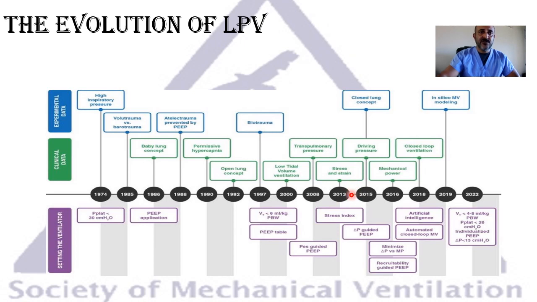Then 5 years later, the stress and strain concept, followed by the driving pressure. 2016 came the mechanical power topic described by Gattinoni and Marini, which we'll be talking about. And after that, followed by 2018, the closed loop ventilation. So as you can see, we are progressing, I think pretty slowly, but there's more to understand. I don't think we fully understand lung protective ventilation as of yet.